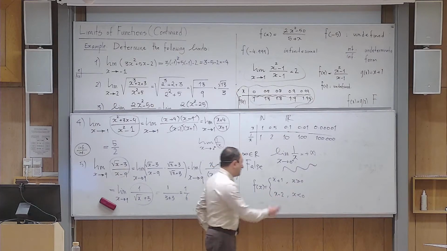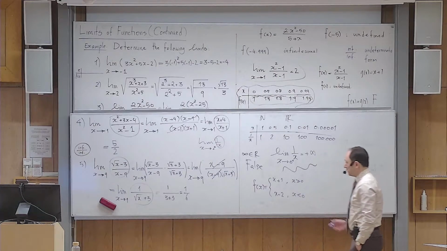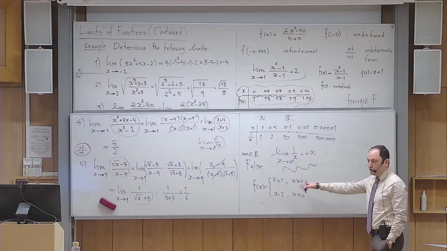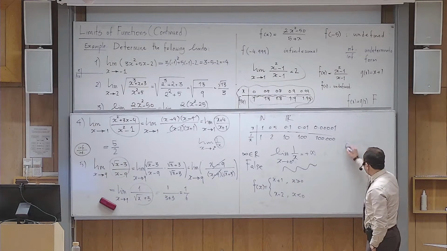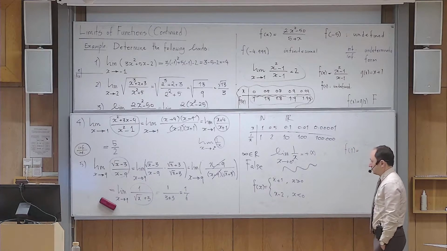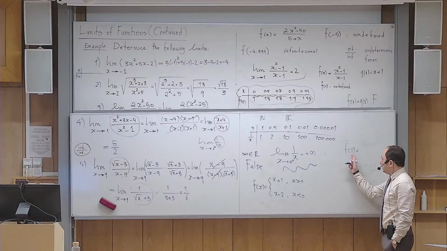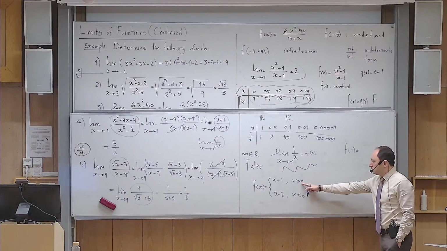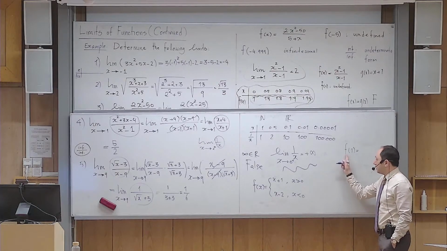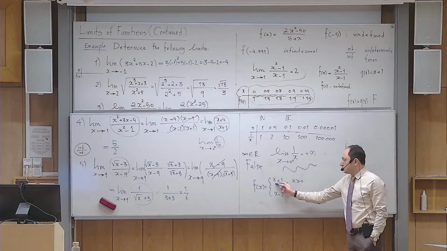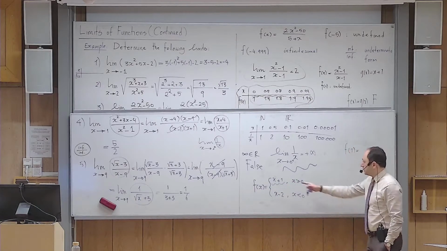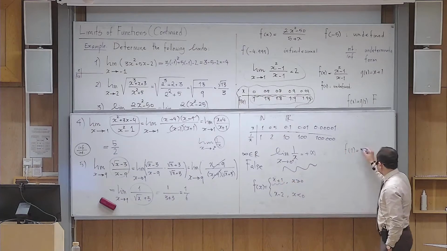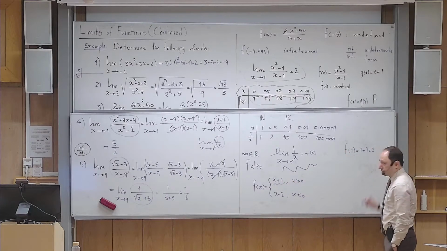Okay, for example, these functions are also in your book. If I ask you f of 1, what is the answer? Because 1 satisfies this condition, the function will obey this rule and replace this x with 1. And the answer is 2.